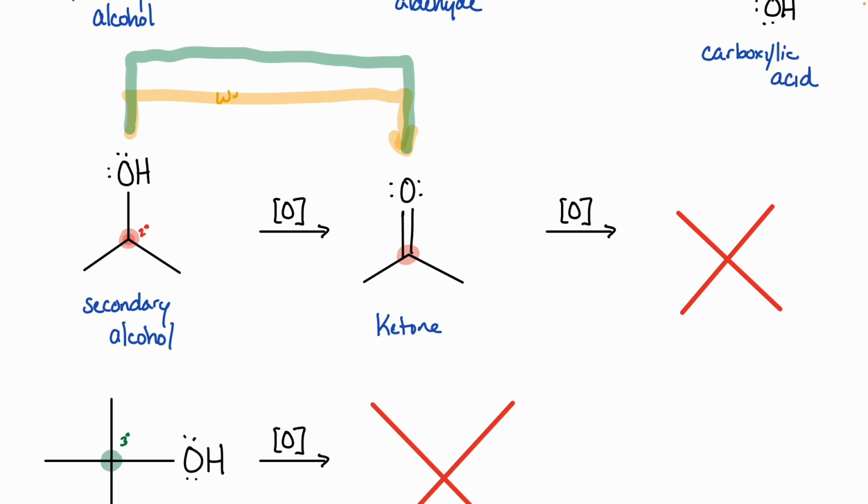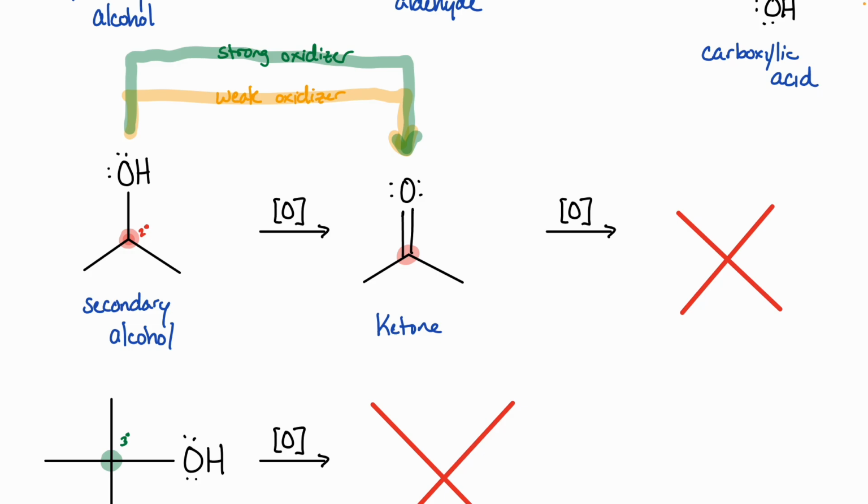So you're just going to do whatever's cheaper, whether it's your weak oxidizing agent or your strong oxidizing agent. Either one of them would do the same thing to our secondary alcohol. Okay?